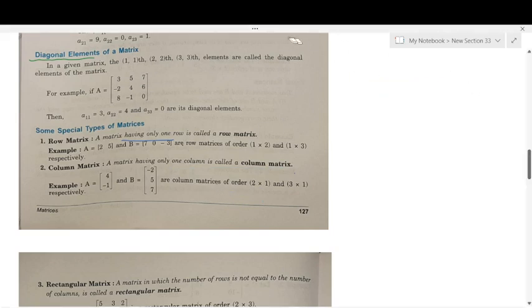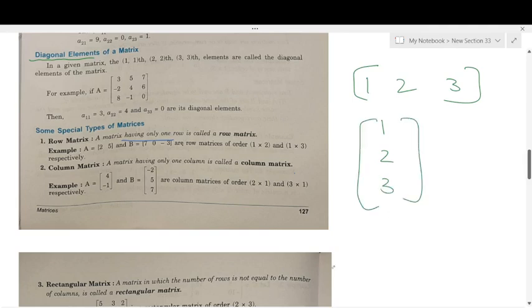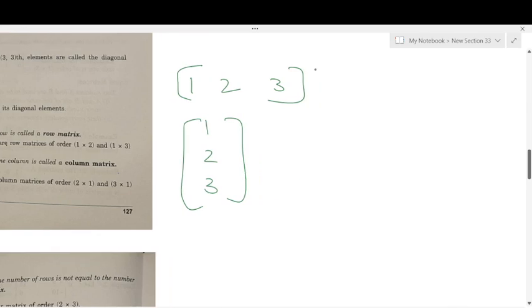Whichever has only one, like 1, 2, 3. These are all MCQ based questions, so for MCQ there is no separate concept. You have to understand this and solve. Only if one value is present, one row and one column.